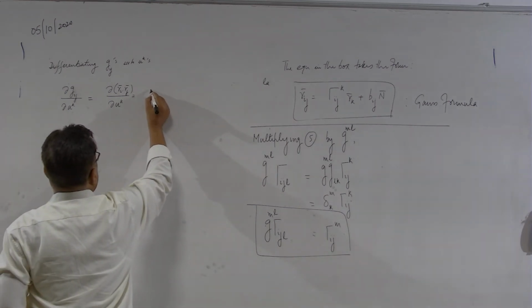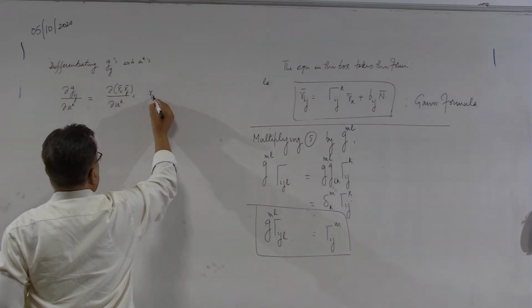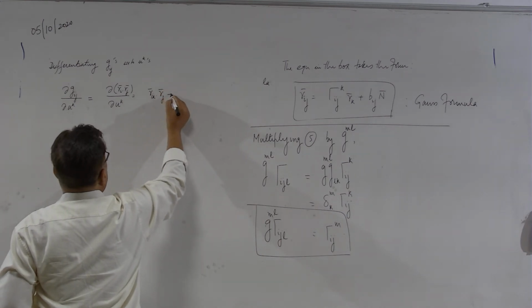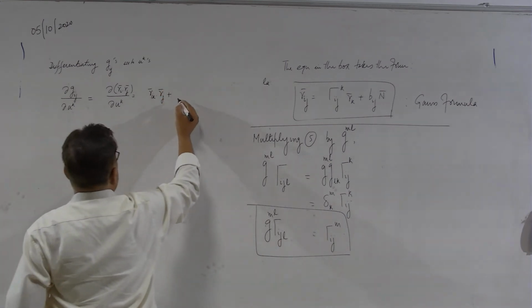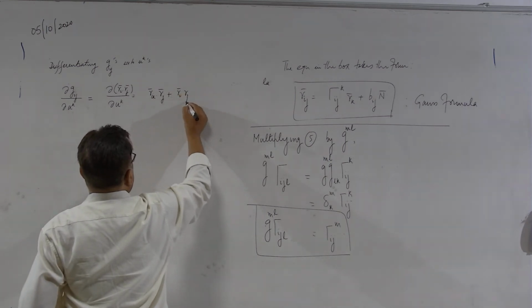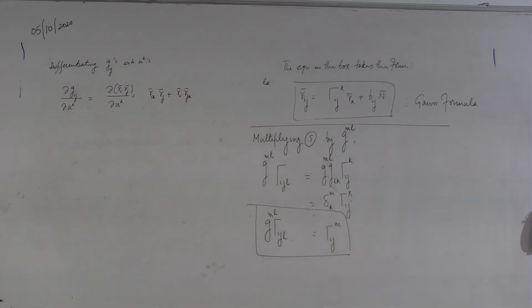So, the derivative of r_i with respect to u_k will be r_ik, r_j as it is, plus r_i as it is, and the derivative of r_j with respect to u_k is denoted by r_jk.